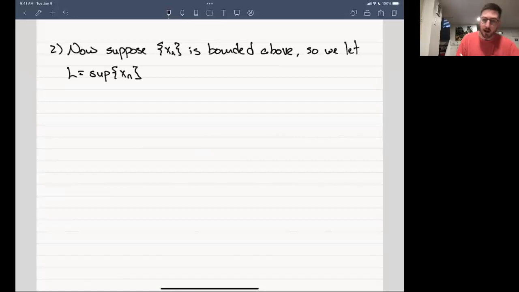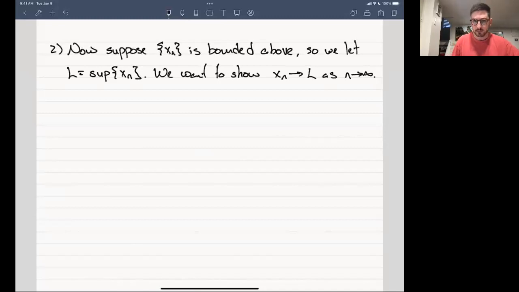We're going to call that L because it's going to be our limit. And of course, this is the least upper bound coming from the results from the previous lecture. So sometimes it's important when we do proofs to write down exactly what it is that we need to show. So we want to show that xn converges to L as n goes to infinity.